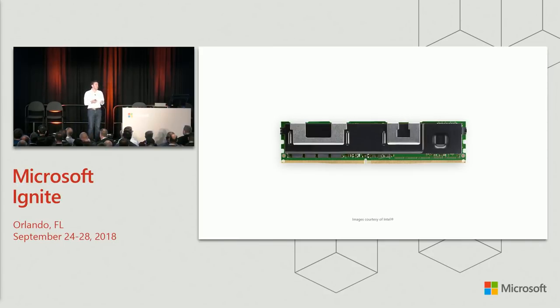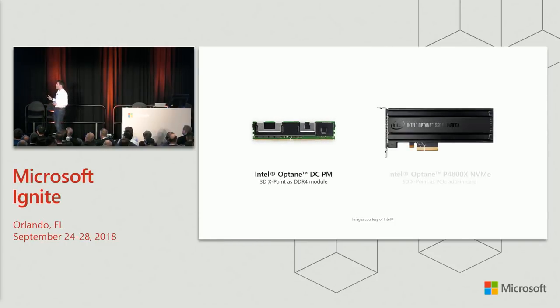It's actually a technology that's been jointly developed by Intel and Micron called 3D XPoint. And what you may not know is that while it is inside of an Optane DC persistent memory module such as this one, it is also available already inside of an NVMe SSD, such as the Intel Optane P4800X.